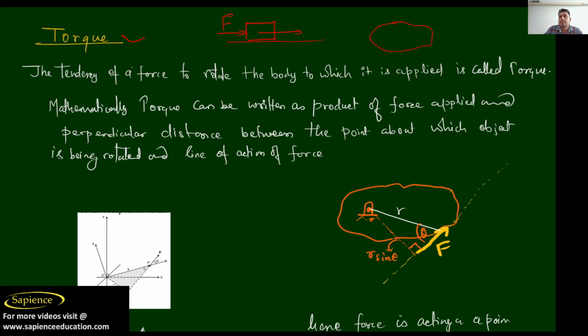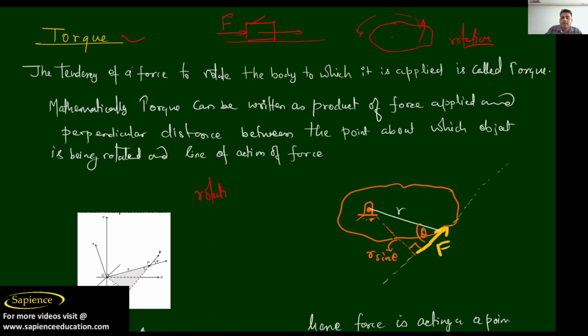But when we talk about angular movement, angular displacement, angular velocity, or rotation, we can directly say that if there is any rotation, it does not require only force, it requires a torque.